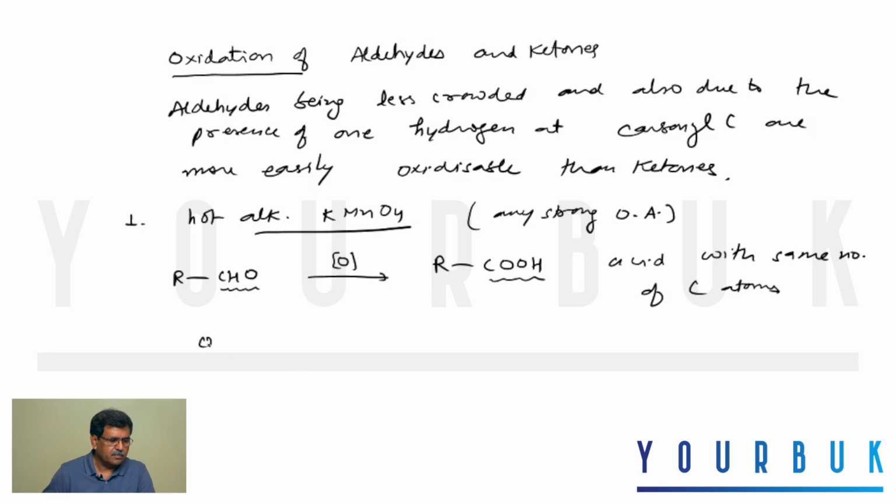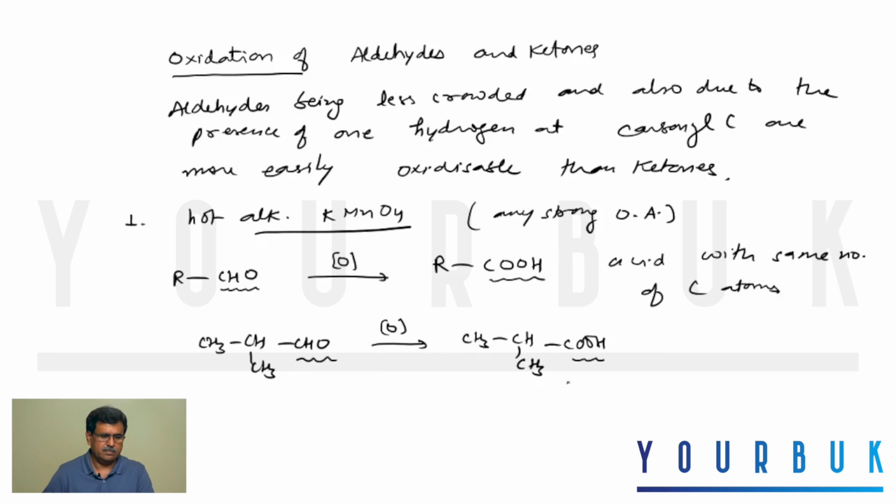For example, CH3CH2CHO on oxidation gives a carboxylic acid with the same number of carbon atoms. So if the number of carbon atoms remains the same, the parent compound is an aldehyde.